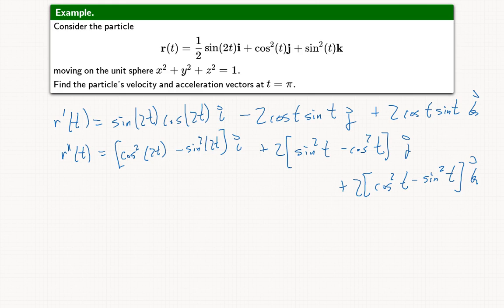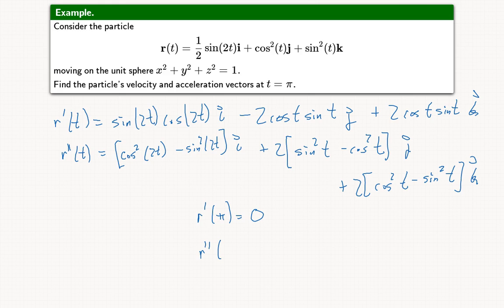All right, now we just need to evaluate that at t equals pi. So r prime of pi is, well, since they all have a sine in them, and sine of pi is 0, and sine of 2 pi is 0, we get 0. So it's the zero vector.